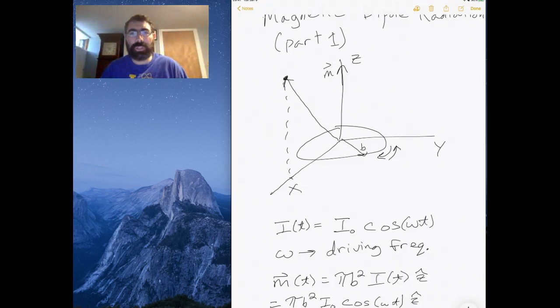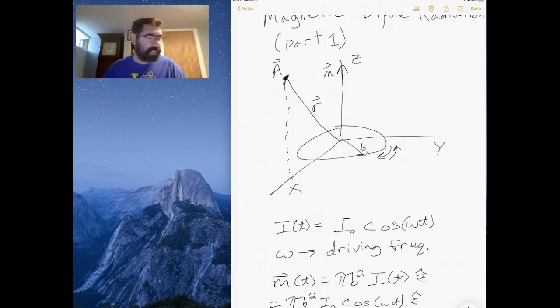This is purely an arbitrary choice, but I decided to line it up with that plane in order to simplify the math a little bit. So that is our distance r from the origin to the point in space where we're going to be measuring things like the potential or the field.